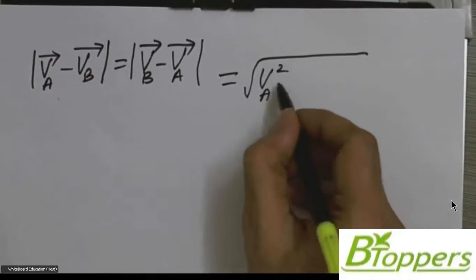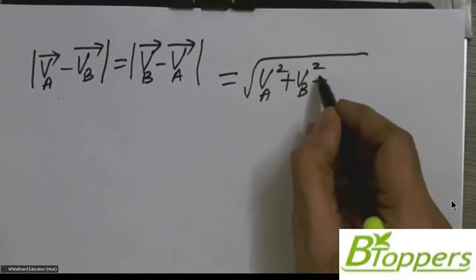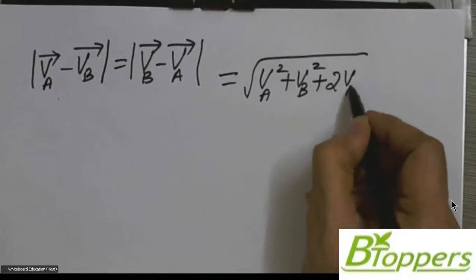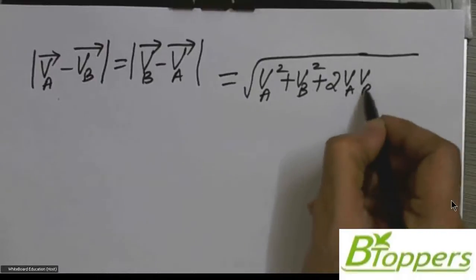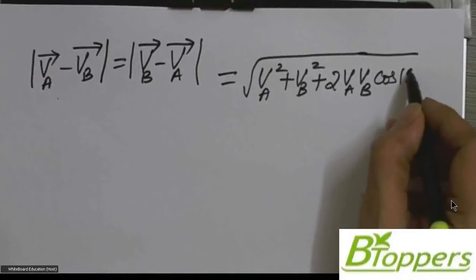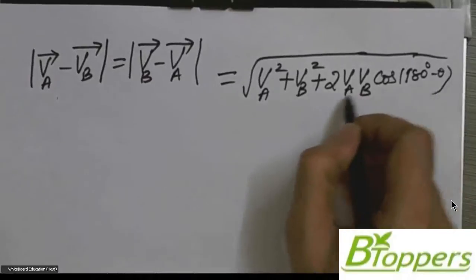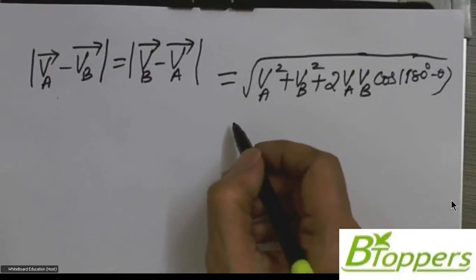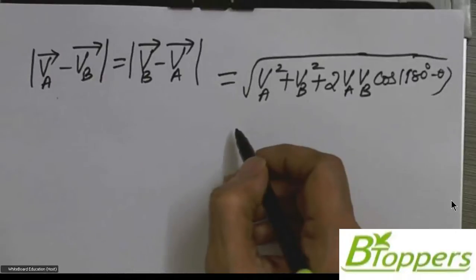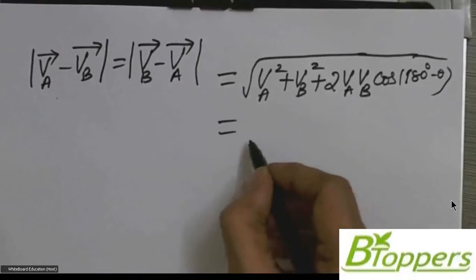root of VA square plus VB square plus 2VA VB cos 180 degrees minus theta. If theta is the angle between the two velocity vectors VA bar and VB bar, as I discussed before, then angle between the vectors VA bar and minus VB bar will be equal to 180 degrees minus theta.